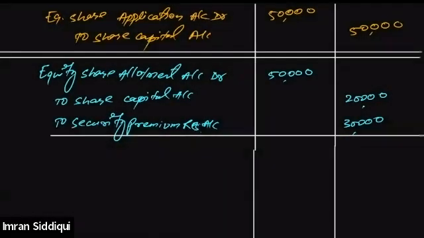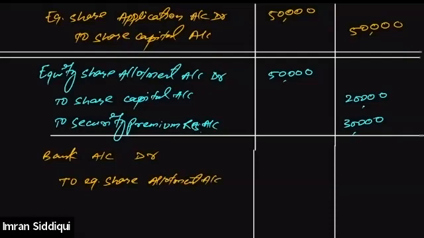That will be bank account debit to equity share allotment account, and how much is it? There are calls in arrears as well.